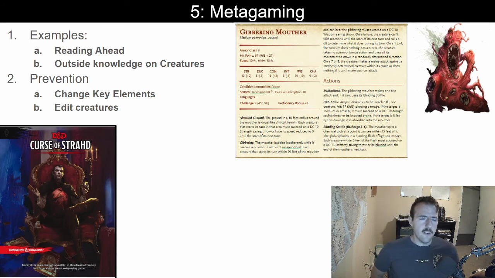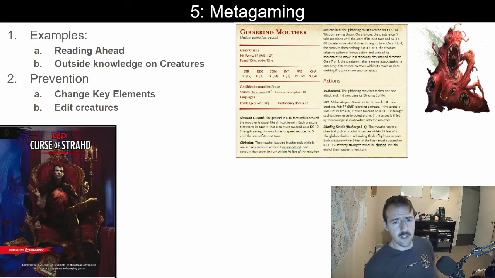But what I would consider cheating is, let's say someone saw a gibbering mouther, like I pictured on the top right here, and said, oh, gibbering mouthers, they have low AC and only move 10 feet a turn, so if we just run away from it and shoot it with our ranged weapons, it will never hurt us, before they've even met the actual creature or seen it go. That's what I would consider cheating, and a totally egregious use of metagaming.